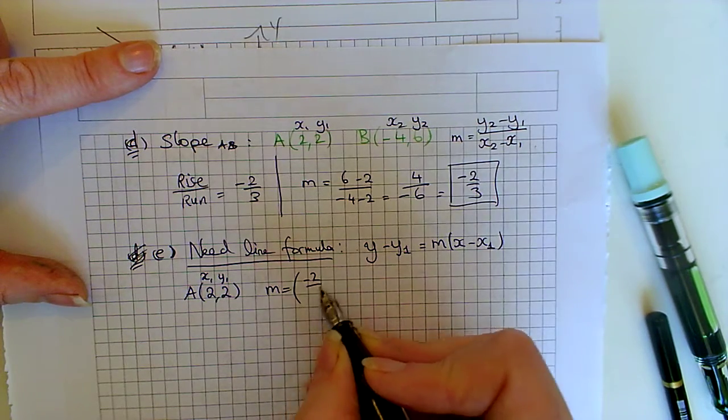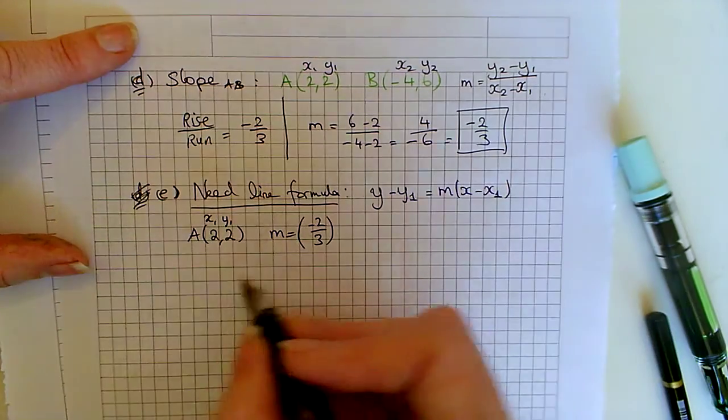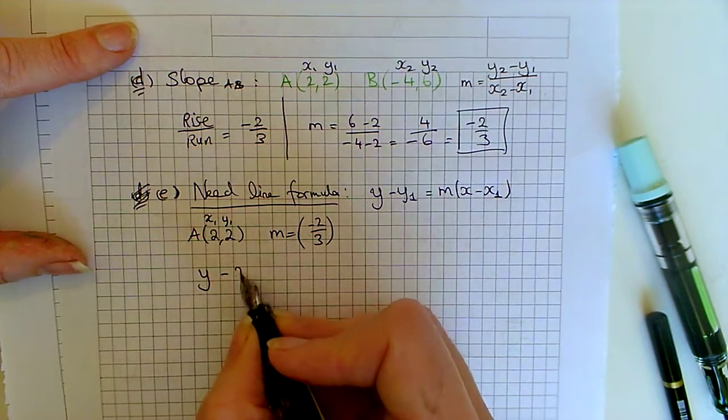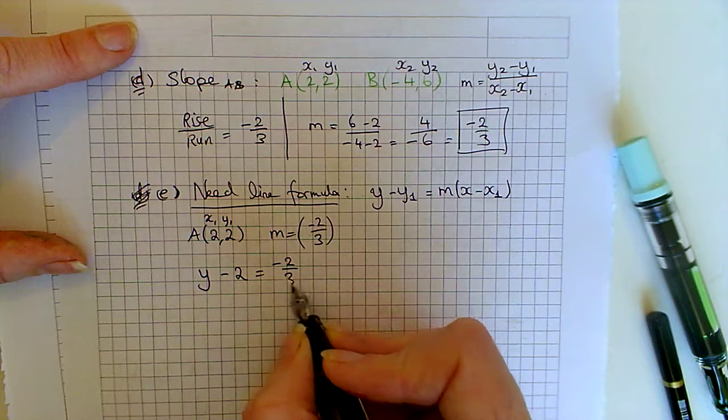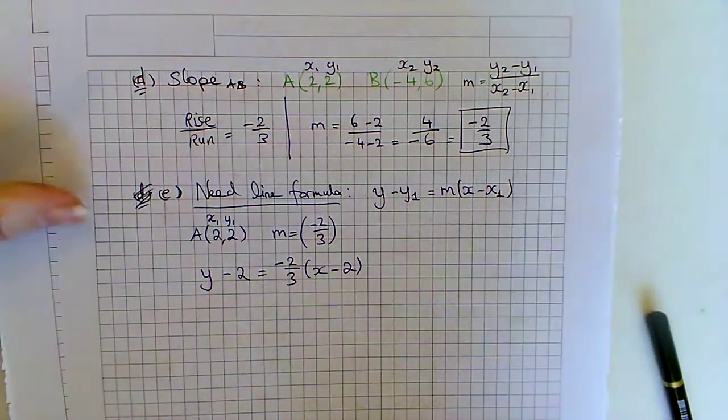So m is minus 2/3. So my equation of the line is y minus 2 equal to minus 2/3 by x minus 2. And we don't leave it like that.